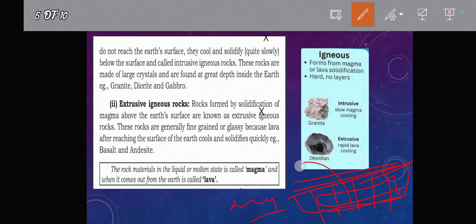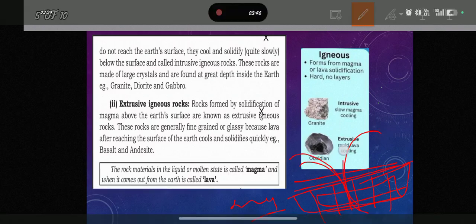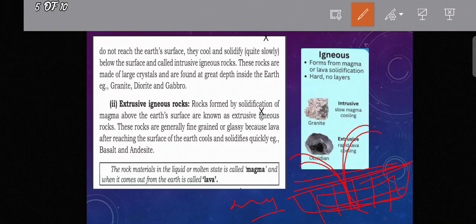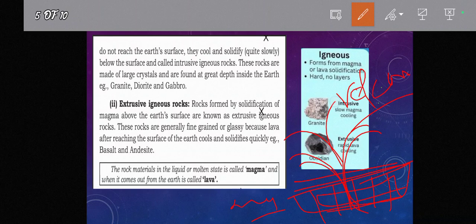When it comes out from the inner side of the earth, what will happen? Like a volcano, due to the volcanoes it will come out. After some time, it will cool and become a rock. This is called the extrusive rock.